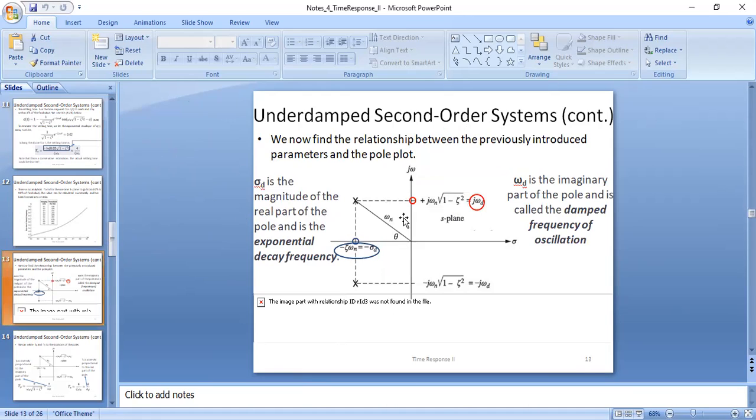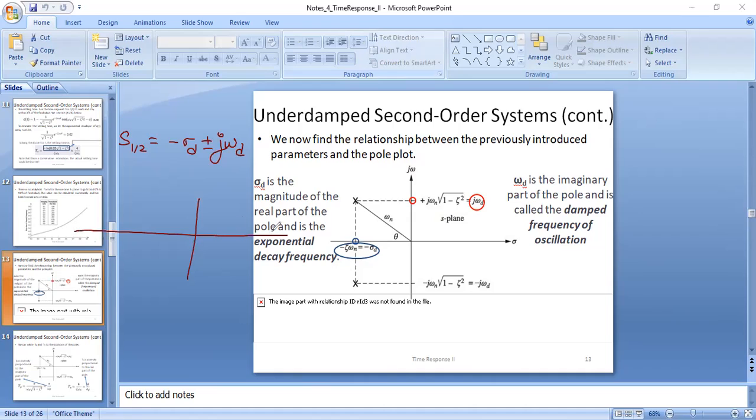And I have already discussed that if you have an underdamped second order system, then you will get complex roots, and you know how to plot the complex roots. As I told you, for underdamped, you have S1,2 is minus sigma d plus minus j omega d.